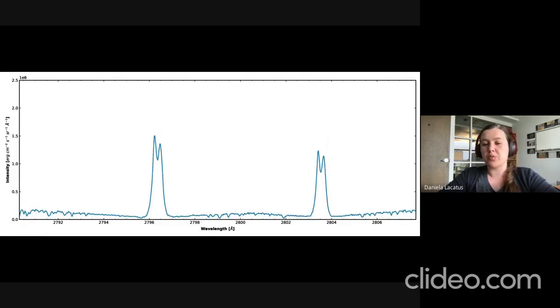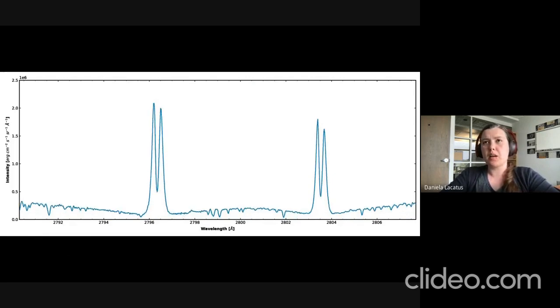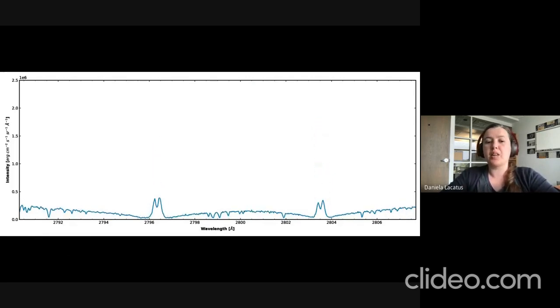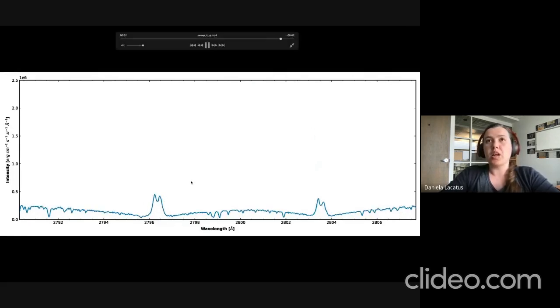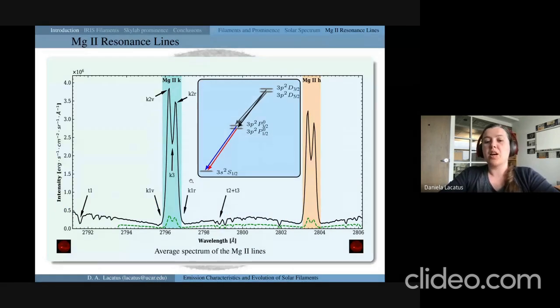The depth of the center reversal can also change quite a bit, and also the width of the profile and relative position will change depending on whether the plasma that is emitting this emission is moving or stationary.